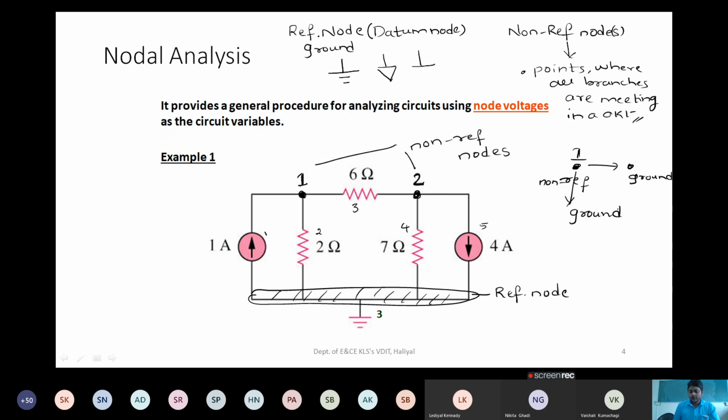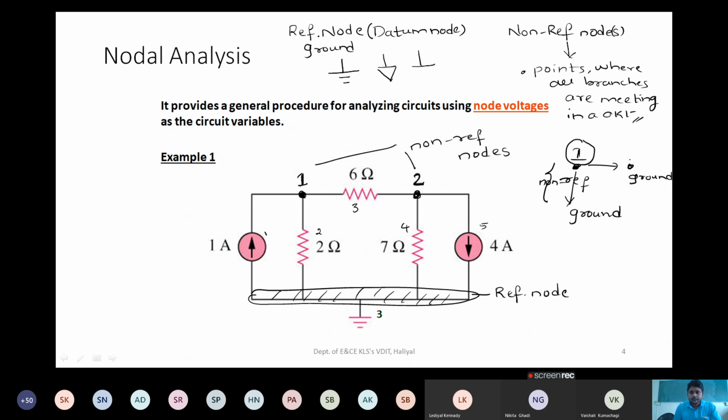If you want to measure the voltages from 1 and 2, you have two options. But specifically, if I want to know the exact voltage at point 1, then I can take it with respect to point 1 to ground. 1 to 2 will be different again, right?